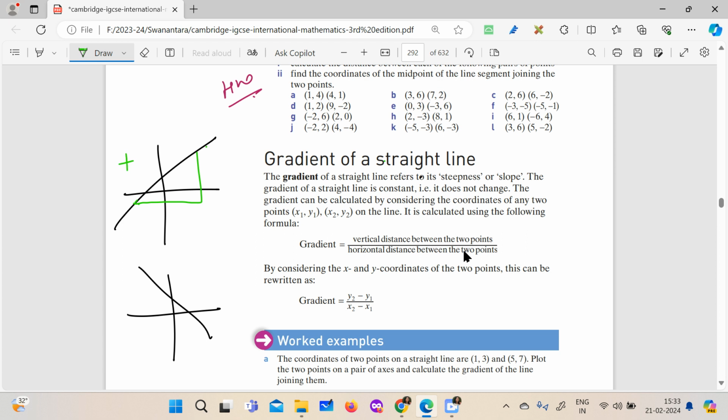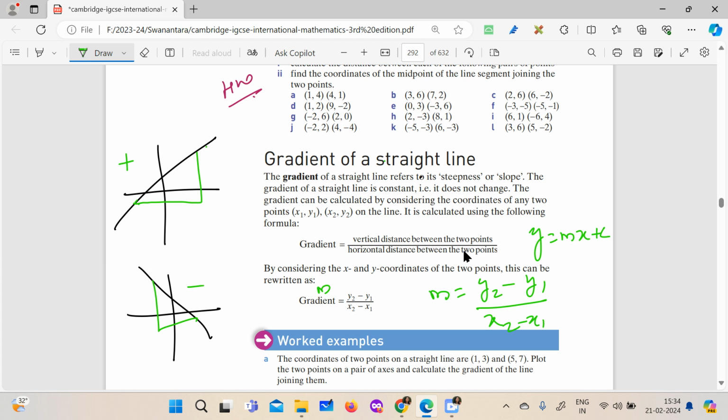When it is coming like this, you will have a negative gradient. To calculate this gradient, we have a formula: y2 minus y1 over x2 minus x1. This gradient is represented by m. I hope you remember your straight line equation is y equals mx plus c, where m is y2 minus y1 over x2 minus x1. Clear?